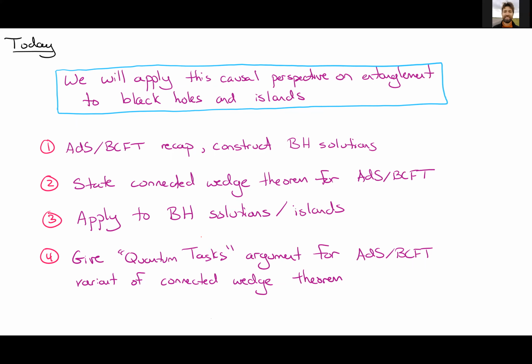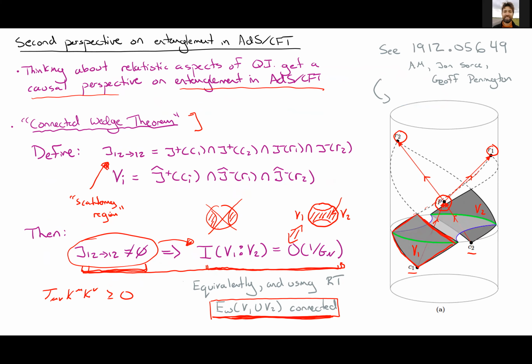Yeah, Dominic? Can you go back for a second? I have a question about the last sentence you said. You can prove this theorem without using the RT formula. So how do you compute the mutual information? Yeah, so I'm not going to argue for this theorem, but I will at the end of this talk give an argument for a very closely related theorem.